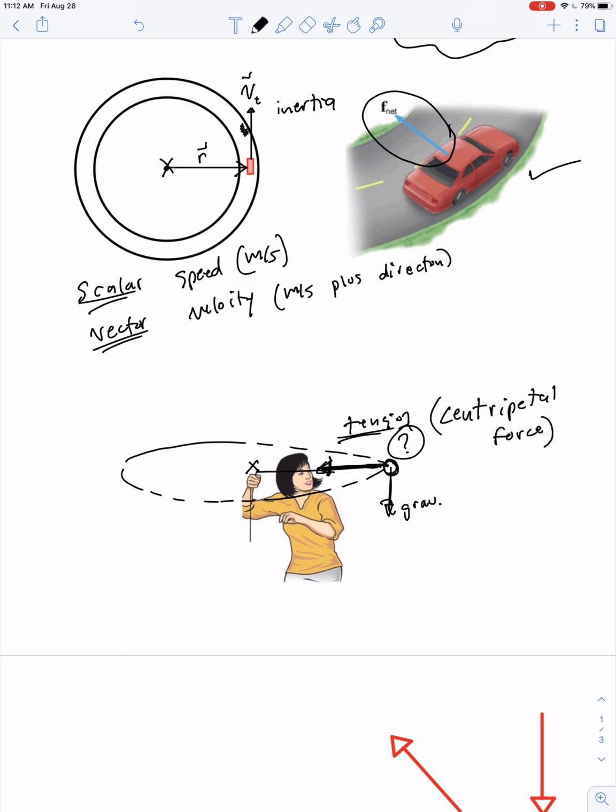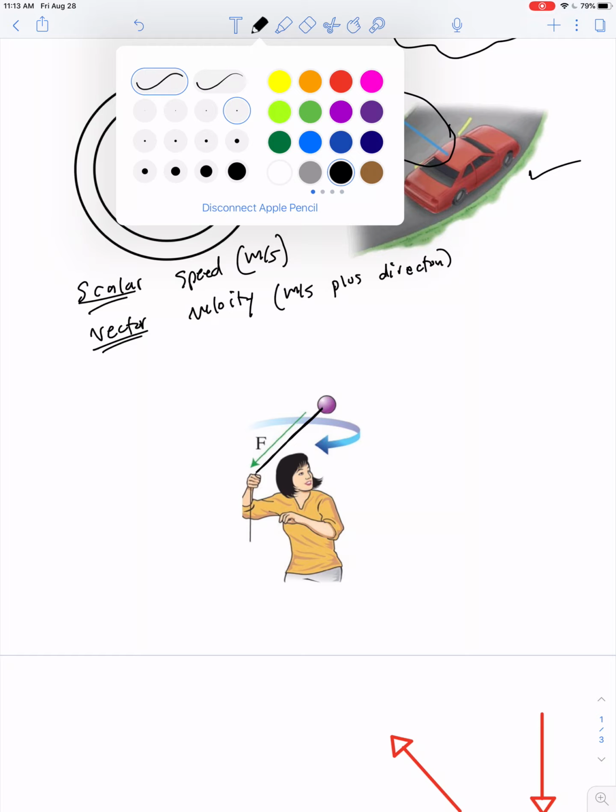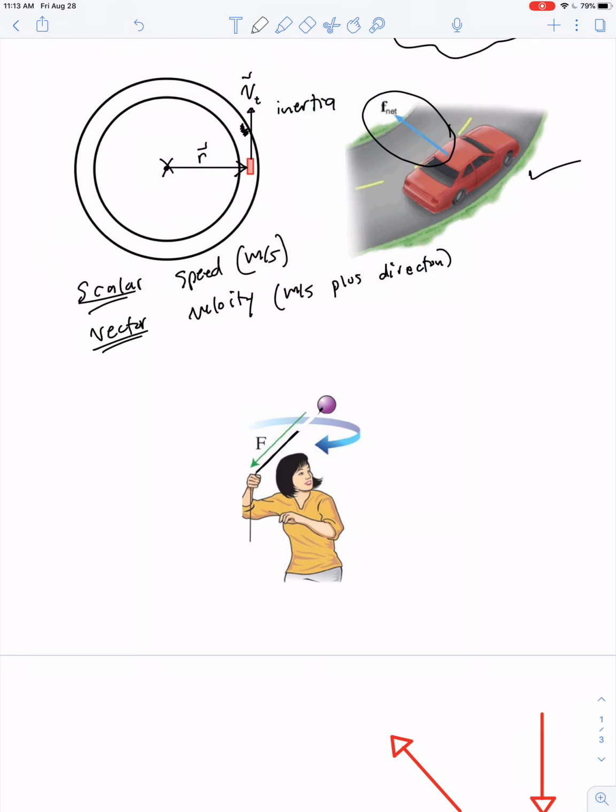So truth is, that the string would always have to make a little bit of a downward angle. So let's try all this editing again. We'll get this right. The string certainly can't angle upward.